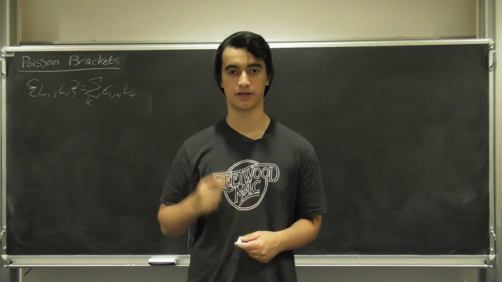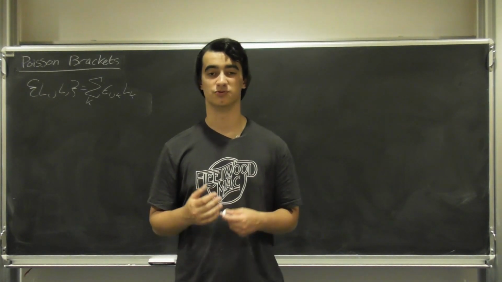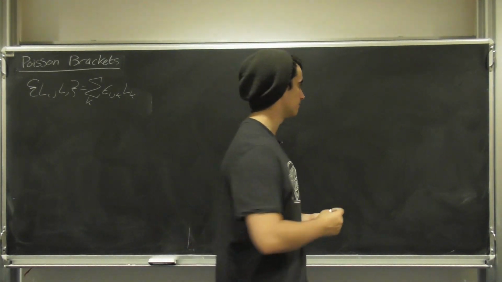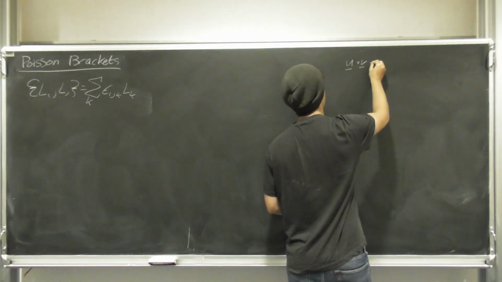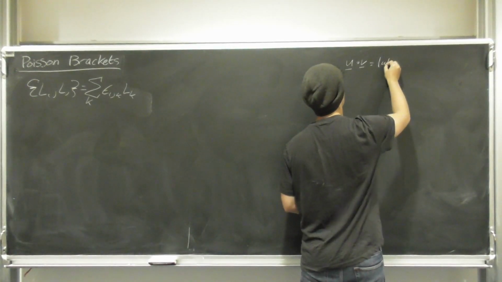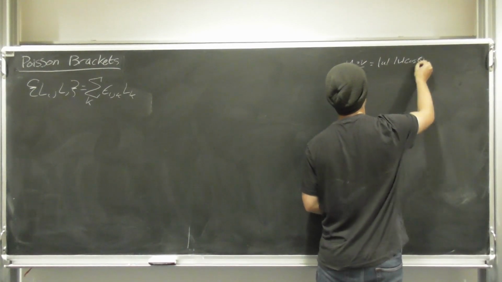This should be ringing alarm bells as to something that we covered a lot earlier on, which was the dot product. We said that the dot product of u and v was the magnitude of u times the magnitude of v times the cosine of the angle between them.